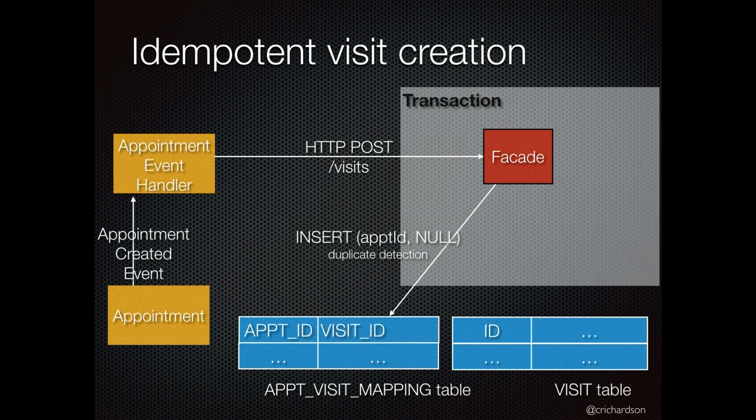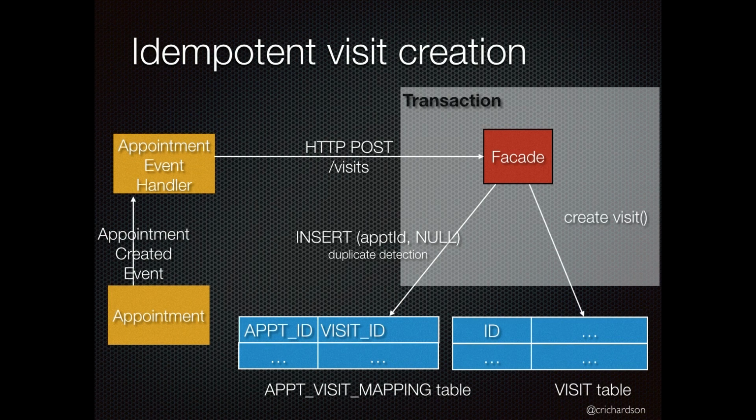That's a table that's maintaining the mapping from appointment ID to visit ID, where the primary key is the appointment ID. So by doing this insert, it can actually detect duplicates, because if this post request had previously succeeded, there would now be a row in this table, and it would violate a primary key constraint and it would fail. Or it could actually return the same visit ID. So we can achieve idempotency by doing this check.